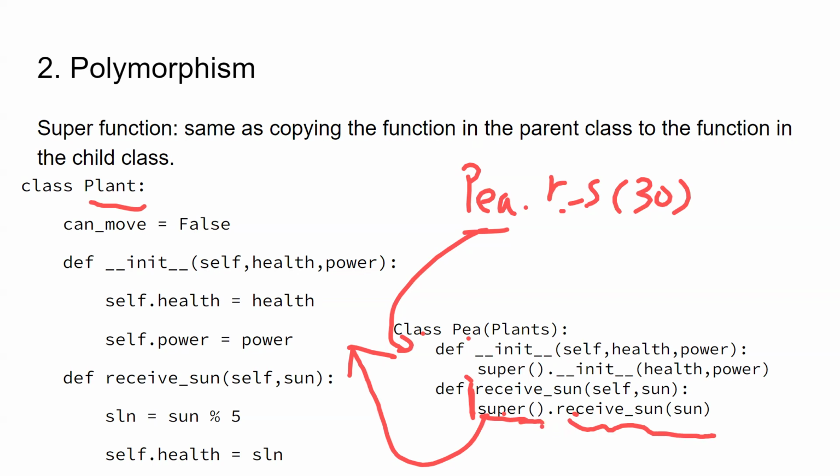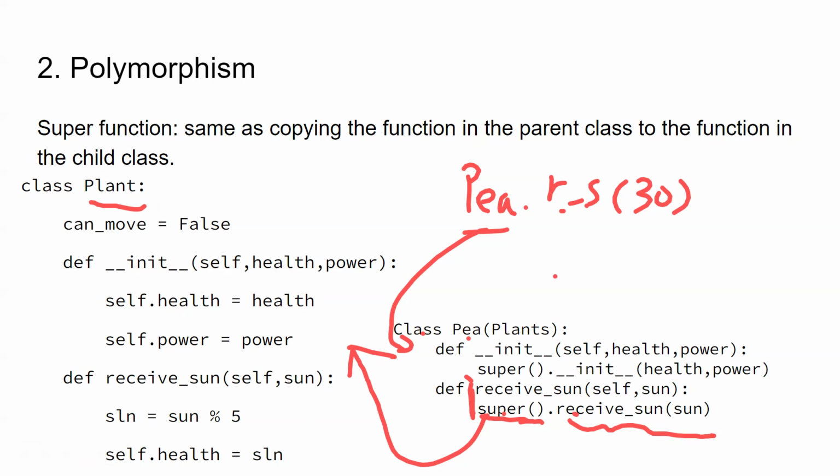This is what super does. Super helps you go back into the parent class and check if you have this function, and if you have one, you just execute it. So when you don't have something to change, you just write super and parentheses dot receive some, and it helps you check back into the parent class and execute this.